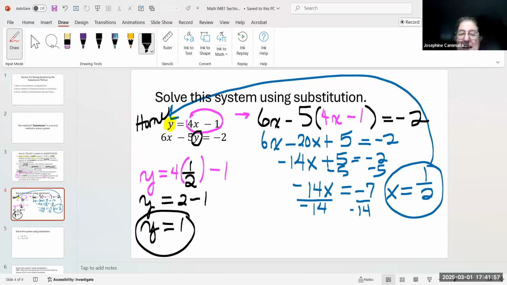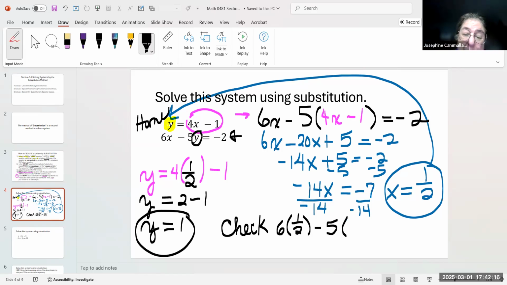Okay. Now, this is your choice. This is my other equation. Where the x is, I'm going to put 1/2. Where the y is, I'm putting 1. And it better equal negative 2.